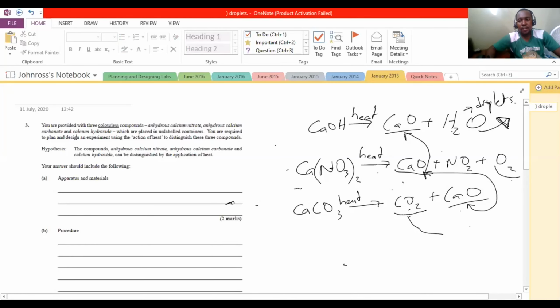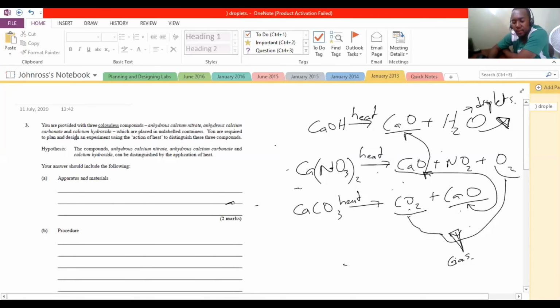So the oxygen and the carbon dioxide. But how can you see the gas? You can't. You can test for it. So we can't see the gas. So how do we know that this one produces oxygen and this one produces carbon dioxide? You have to test to distinguish between the two.